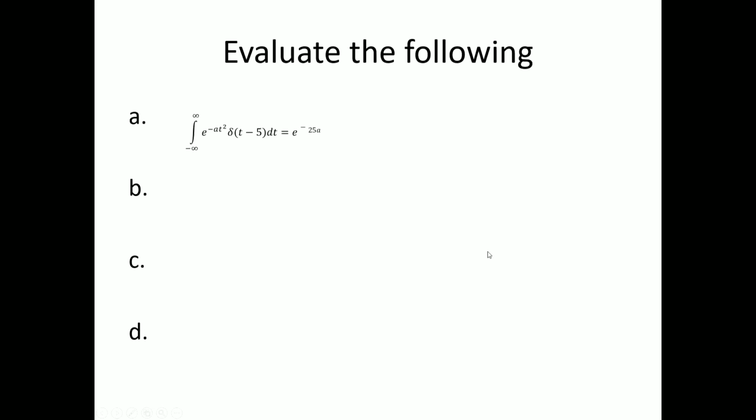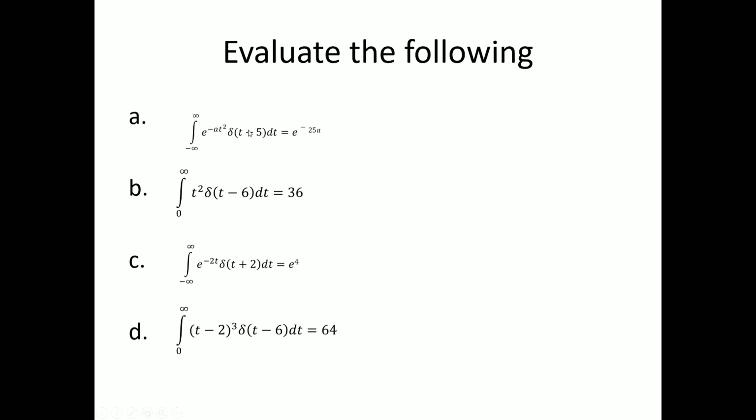You have some problems related to the Dirac delta function. Based on its properties, you can solve them. Take the integral from minus infinity to infinity of e power minus a t square into delta of t minus 5 dt. What is this? This will exist only at t equal to 5.